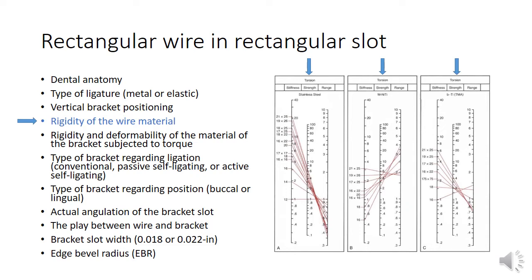For the preparation of a nomogram, a reference wire is given a value of 1, and many other wires can then be located appropriately in reference to this. As you can see in this table, the reference wire is the 012 stainless steel wire, and all other wires are compared accordingly.